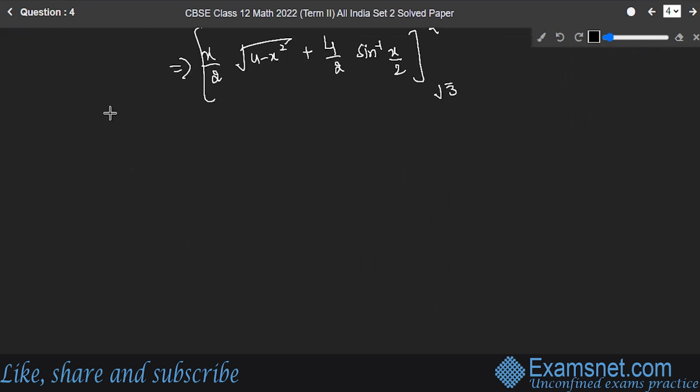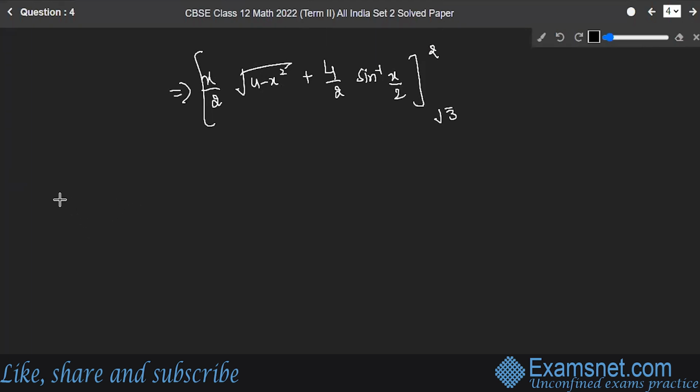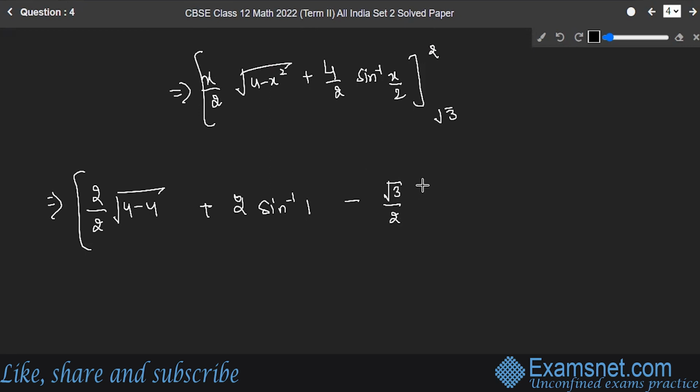Okay, this becomes 2 upon 2 root of 4 minus 4, which is 0, of course, plus 2 sine inverse 1 minus root 3 by 2 root of 4 minus 3, minus 2 sine inverse root 3 by 2.